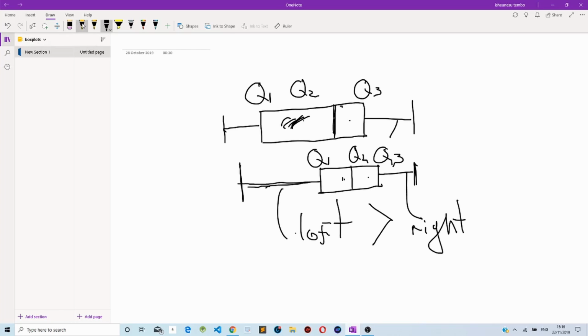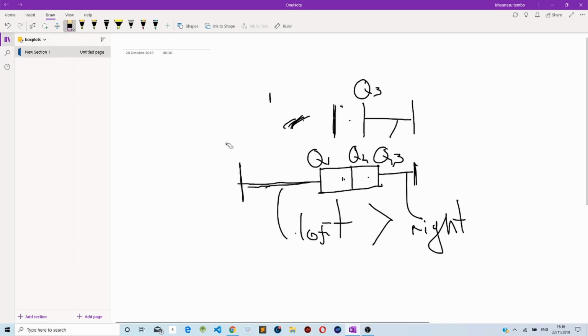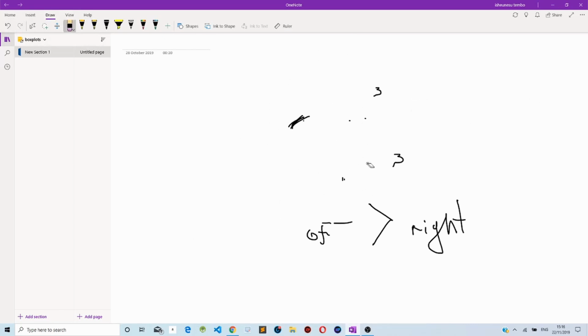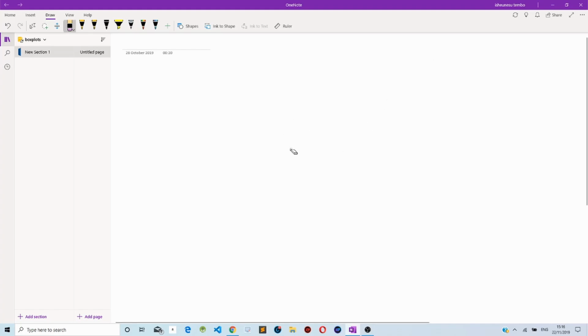And we also have a third scenario which combines both of the situations that I've talked about.